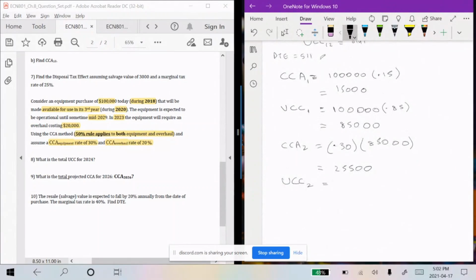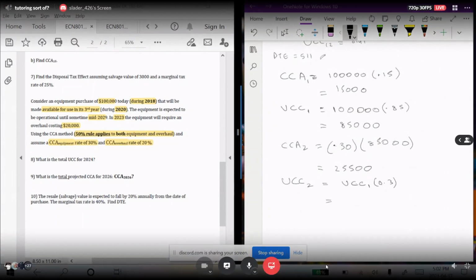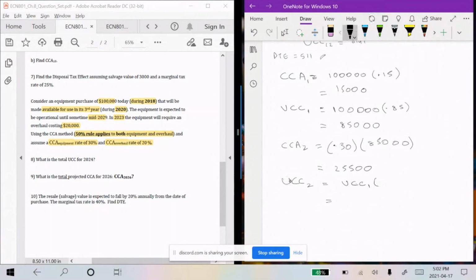This time the equipment has been depreciated by 30%. UCC 1 is 85,000, sorry, my bad. It's been depreciated by 30%, so what's left is 70%, 0.7.